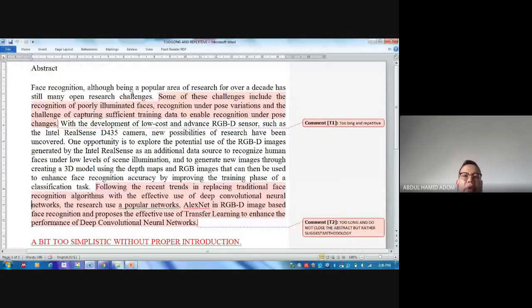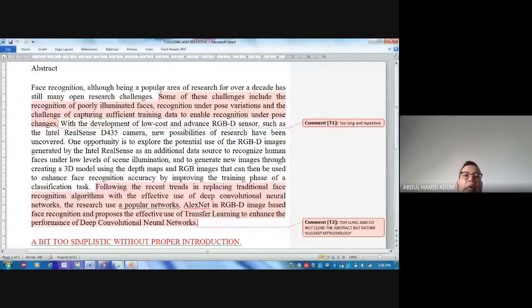One, the sentence is very long. Secondly, you see "under pose" here, and "under pose" here, so you now have two same phrases in the same sentence. This sentence is actually too long. You can break it up into a few sentences.